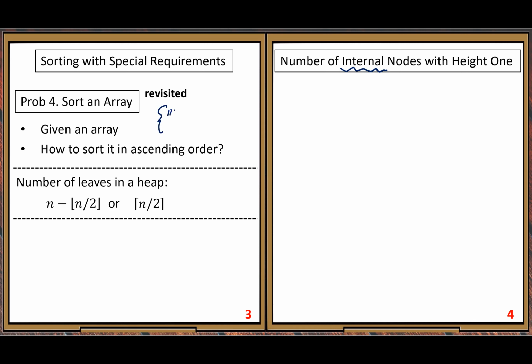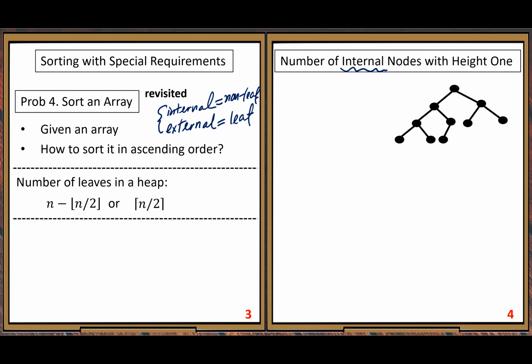Internal nodes and external nodes: external nodes means a leaf node, and internal means a non-leaf node. That's simple. So the number of non-leaf nodes with height 1. Actually, if it's height 1, it cannot be a leaf, right? All the leaf nodes have height 0.